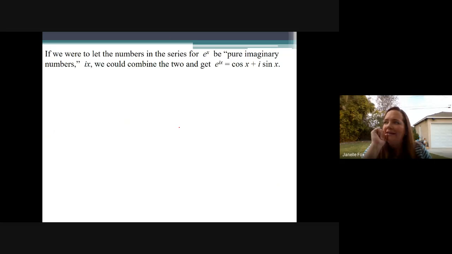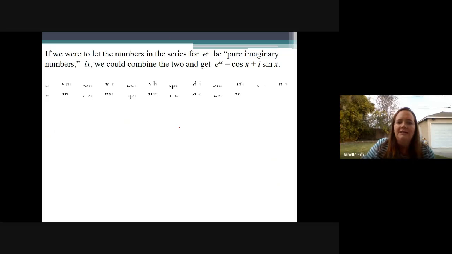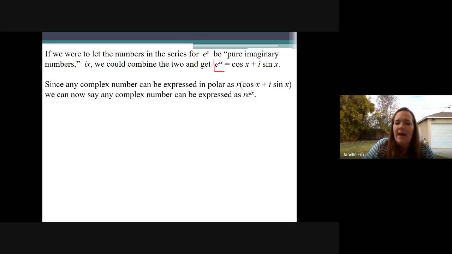I can't even believe how amazing this is. If we take your power series and plug in i times x for every x, you will get a combination of the cosine guy and the sine guy with an i being multiplied by the sine.